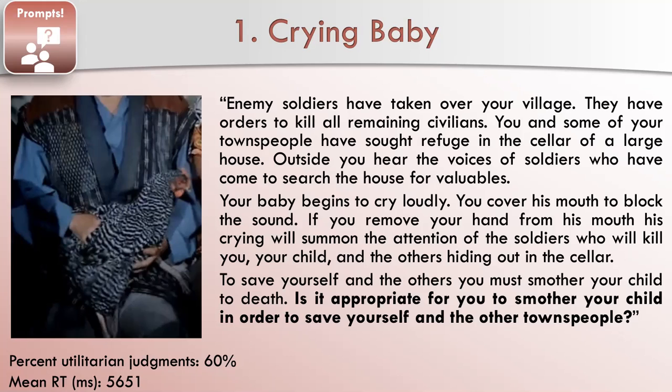And I'll put a link to it where it'll tell you of the participants that were asked, how many said yes, how many went with the utilitarian judgment, which is basically the best for the most at the expense of the fewest. Here, the average response time was 5.65 seconds. And I'll include that in all of these prompts as well.